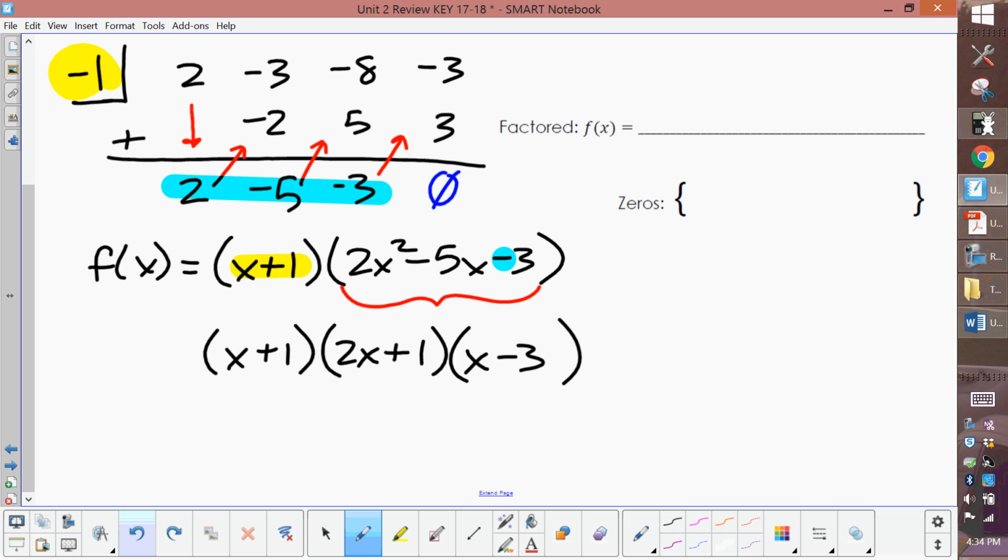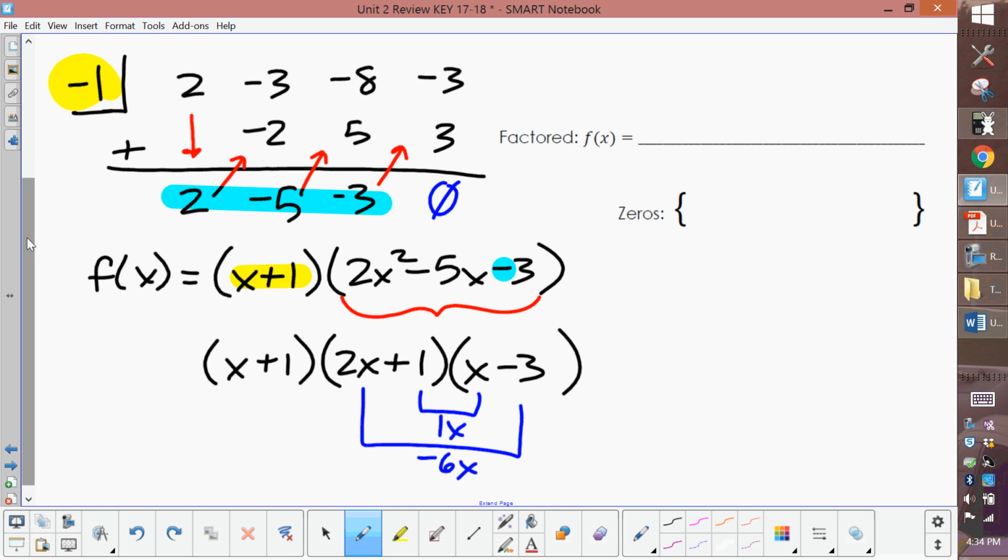And again, when I'm checking my FOIL, I don't waste my time multiplying these two. I know 2x times x is 2x squared. I don't waste my time multiplying these. I know positive 1 times negative 3 is negative 3. I do check my outers and my inners. That's 1x, that's negative 6x, and those do combine to make negative 5x. So I factored it correctly. Now that I get to this point, this is my factored form.